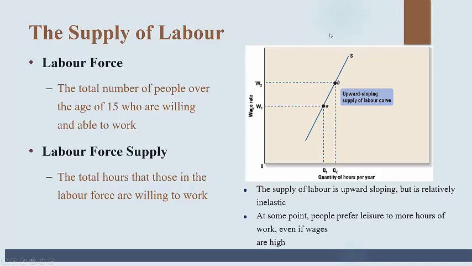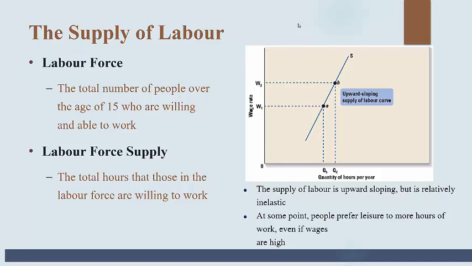It could actually bend backwards because of what's called the income effect. For example, if your wage increased by a lot, there are 2 components to a wage increase. One is that you'd want to work more because you're getting paid more per hour. But when the wage goes higher, you're also having more income, and you may also want to have more leisure.